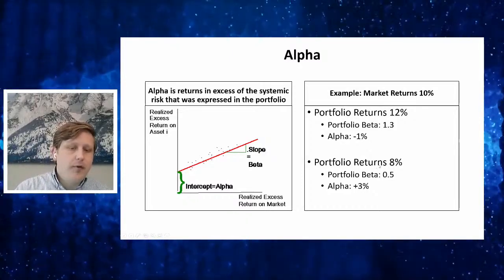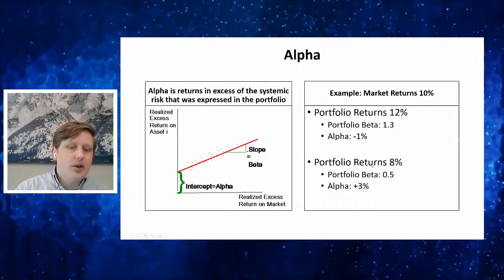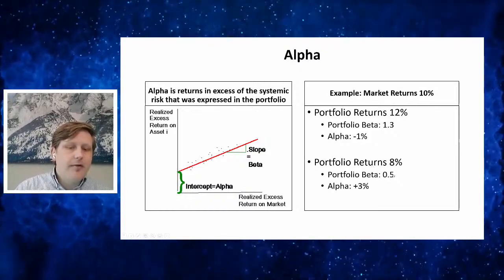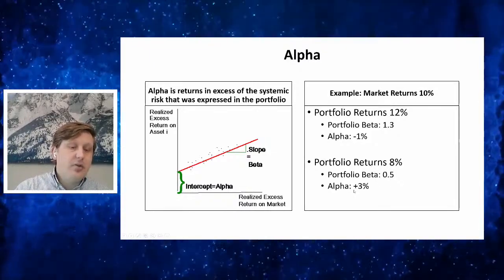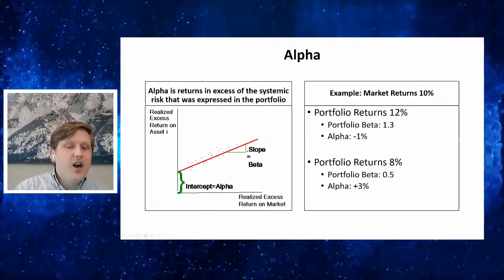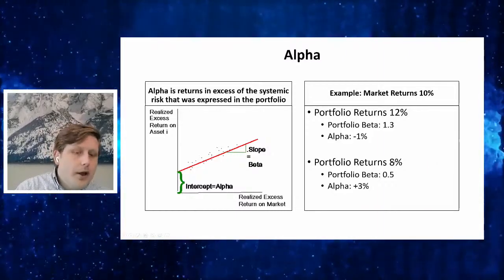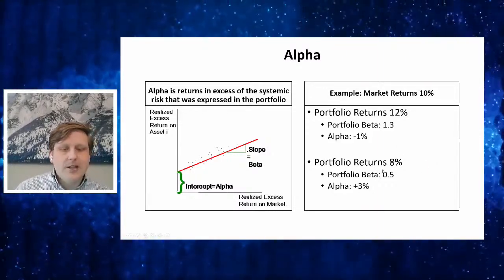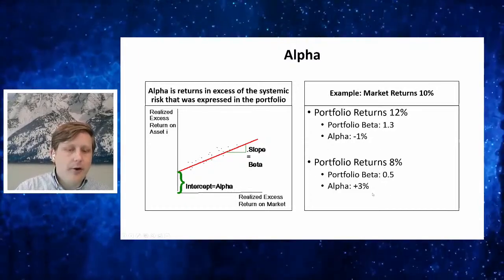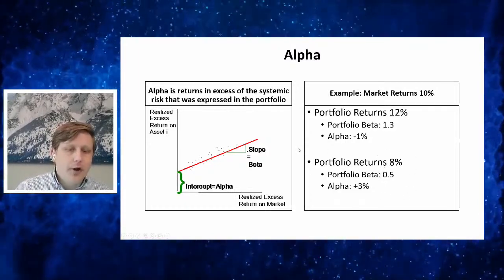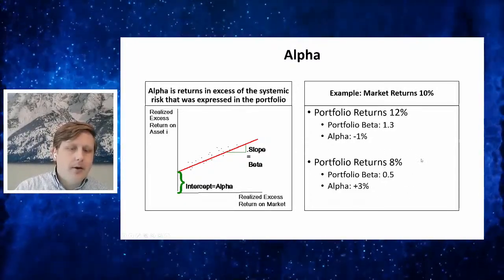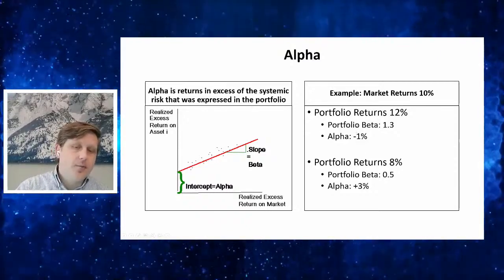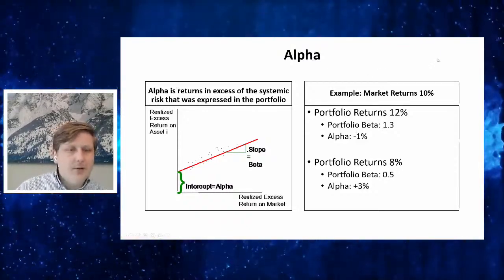As opposed to a portfolio that generates an 8% return but only had a beta of 0.5, which actually generated 3% of alpha. Even though they underperformed the benchmark on a nominal basis, on a risk-adjusted basis they did quite well. And I would suggest that this portfolio had a lot better result than the other. So that's what alpha is.